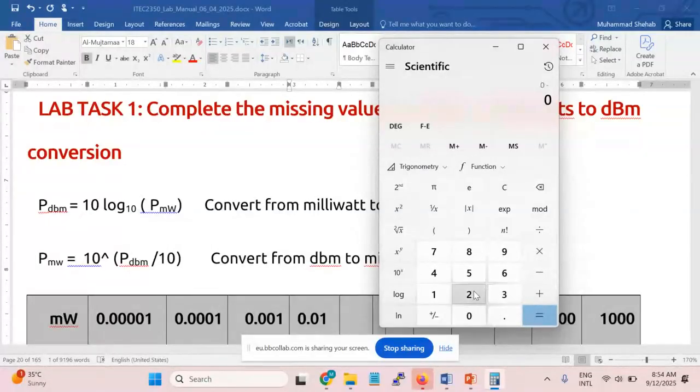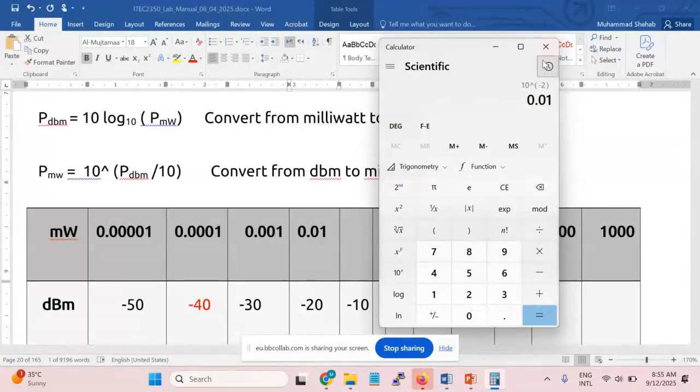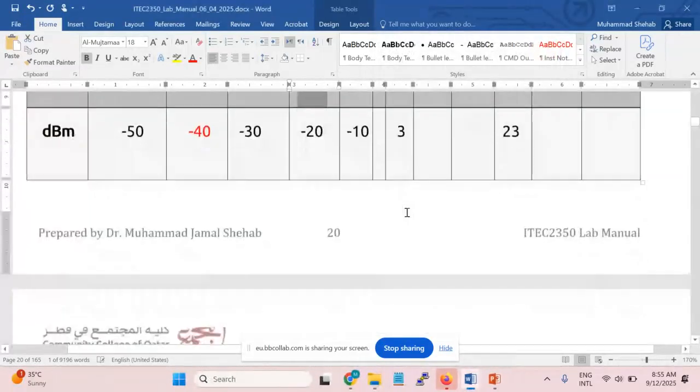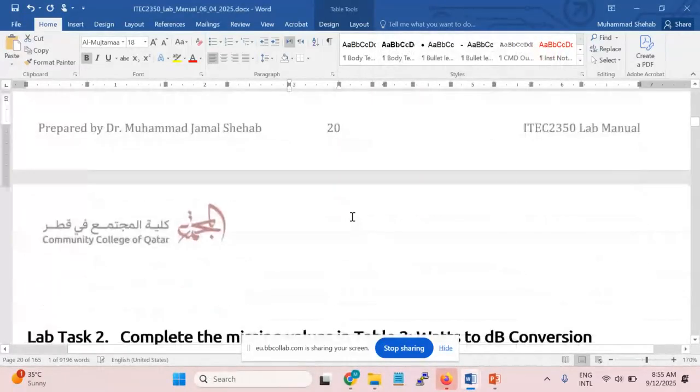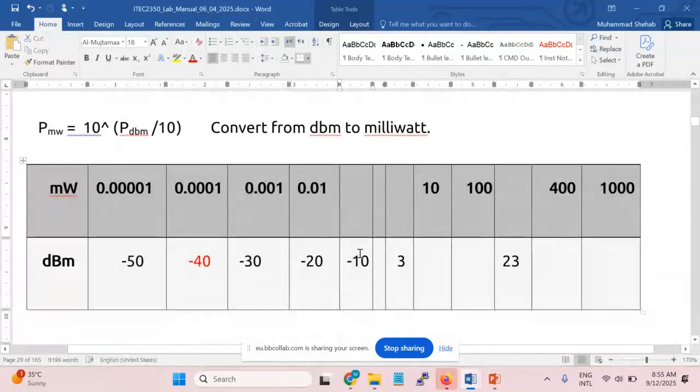Minus 20 divided by 10 equals minus 2. 10 power minus 2, 0.01. Okay. Let us do this one. Minus 10.